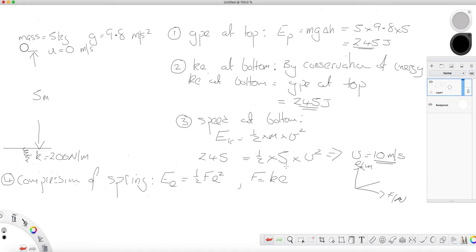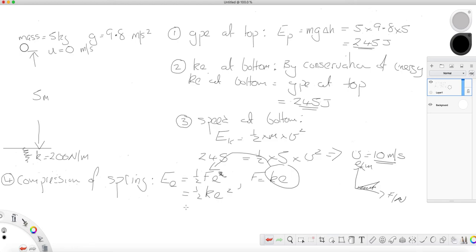So if we put KE in here, we'll get a half K. Sorry, that shouldn't have been squared, my apologies. So the energy is a half FE, it's the area under the graph here. So it's a half KE squared.